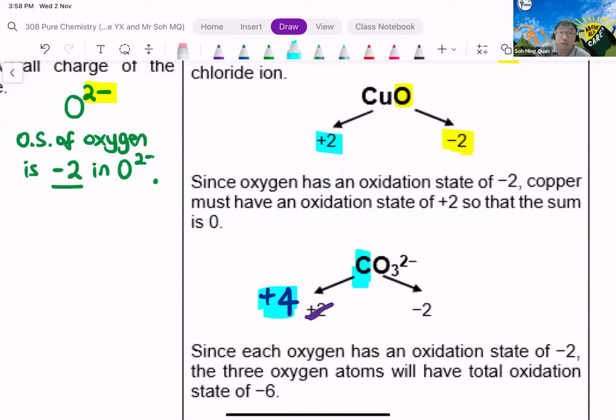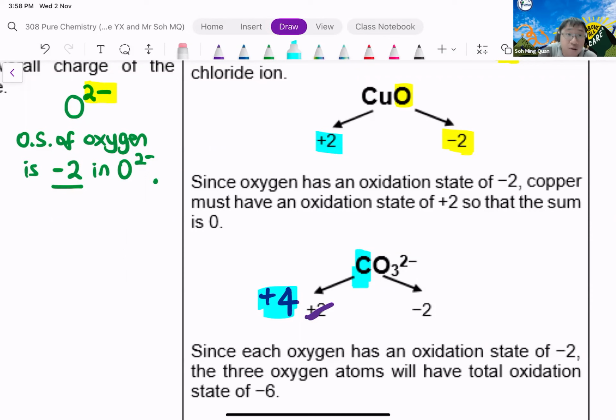Now, how did Mr. So get +4? This is what you need to learn. Oxygen is always -2 in a compound. So oxygen is -2, oxidation state. But you have 3 oxygens because it's CO3, right?